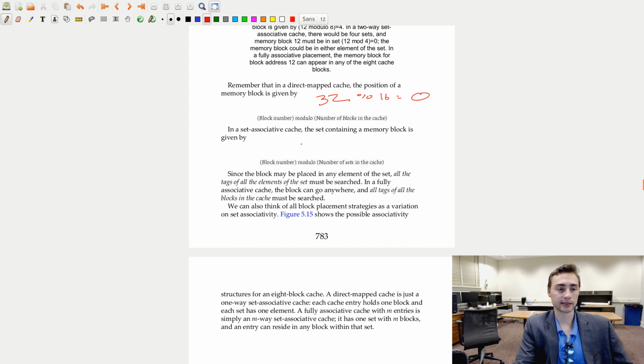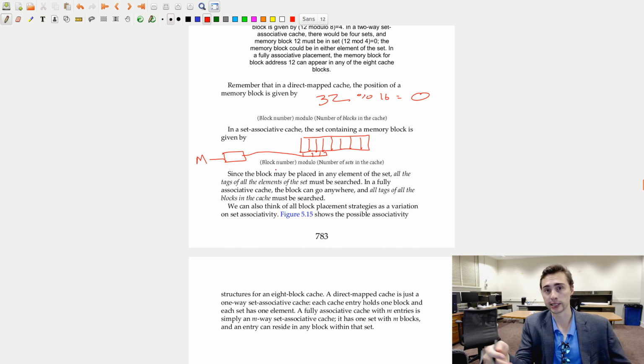That means some block coming in would only be able to go to one of these 4 spots. That's what I mean by set associative. It has a set of cache entries that it can be in, but it can't be in the entire cache, and it doesn't have to be in one fixed place.